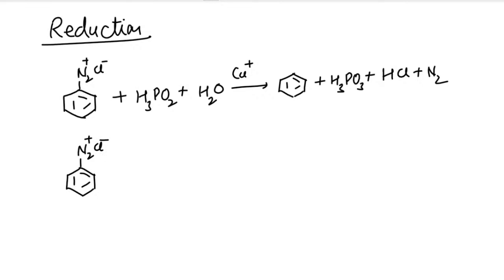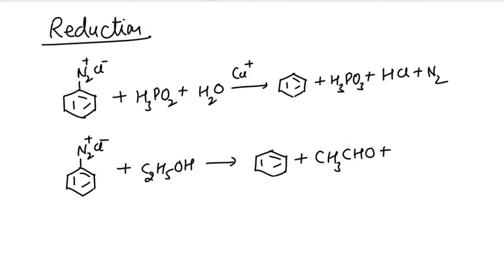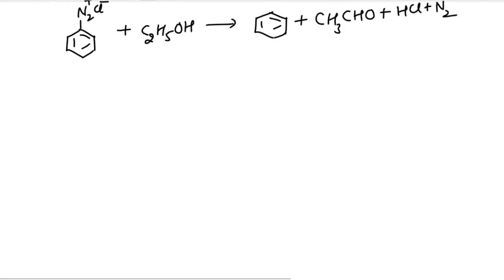Or we can treat benzene diazonium chloride with ethanol. So it reduces the diazonium salt into benzene and itself gets oxidized, ethanol, to give acetaldehyde. Right? So these are the products formed. This is the first type of products. Okay. Now in second type, there are coupling reactions.